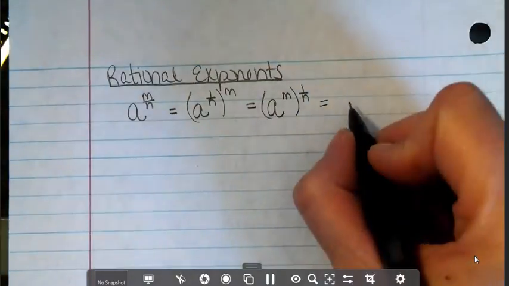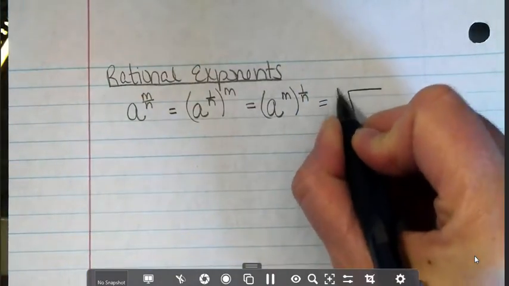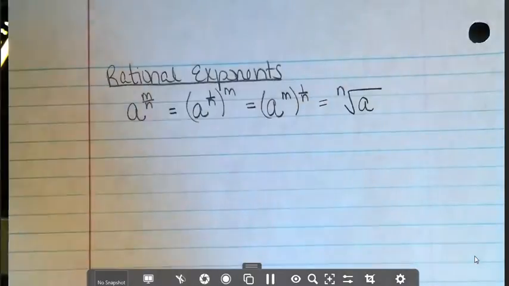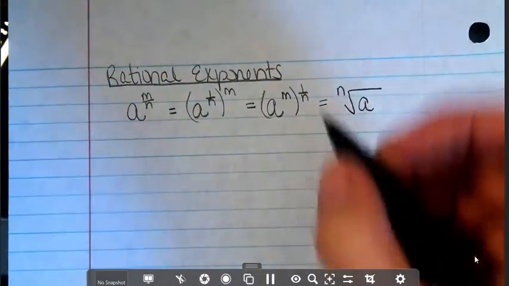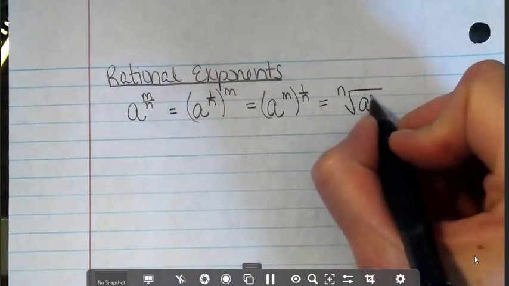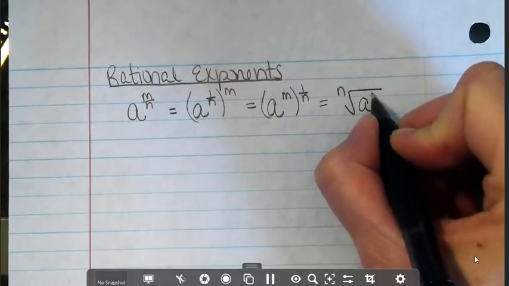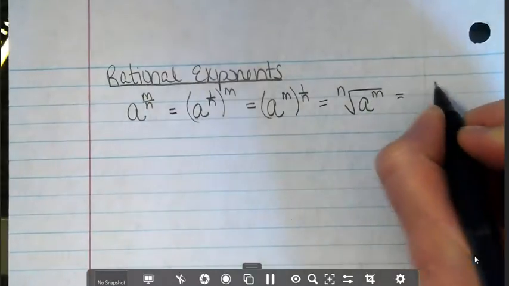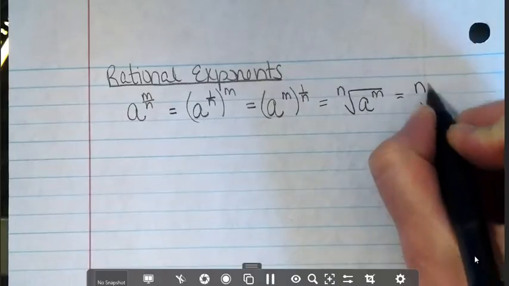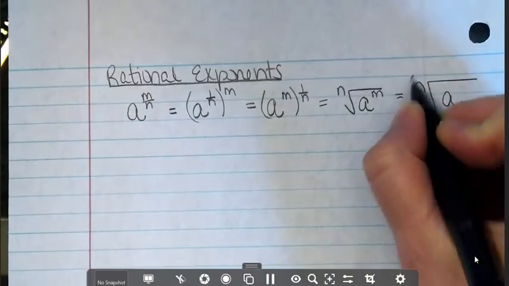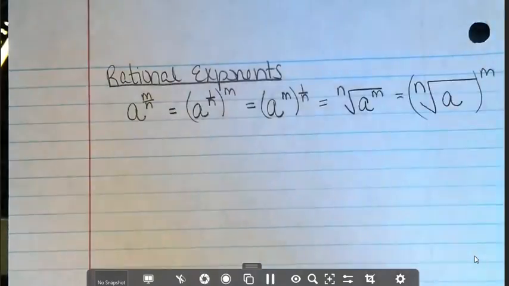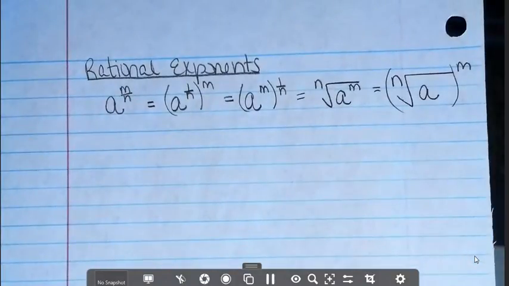So I'm going to take the nth root of a to the m, or I can take the nth root of a, raised to the m. Either way, I'm going to get the same exact number.